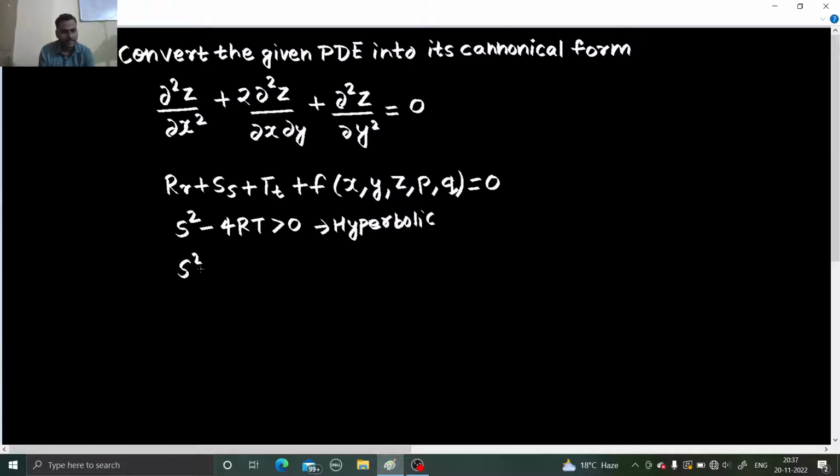Then s square minus 4RT equal to 0 will be parabolic. And the last one, s square minus 4RT less than 0, is elliptic.